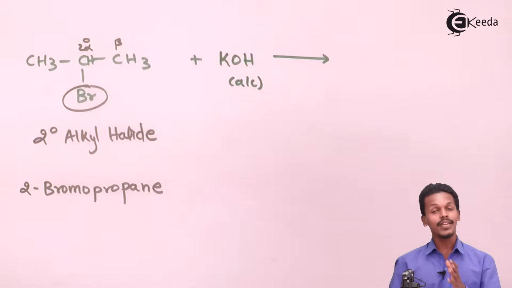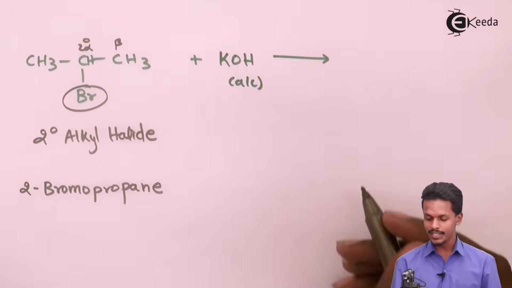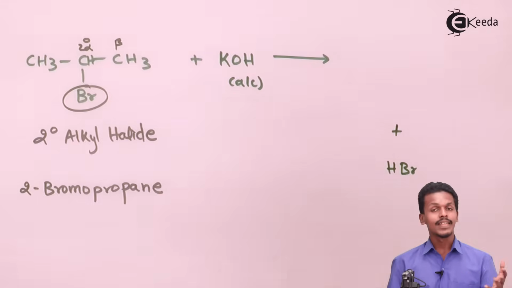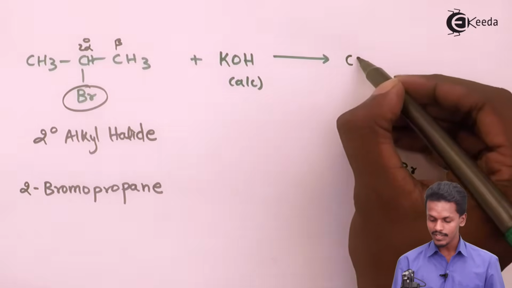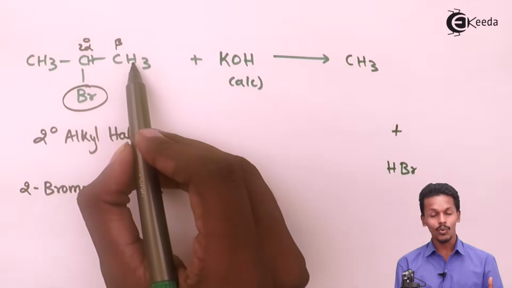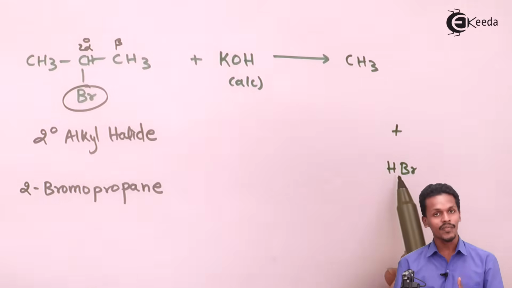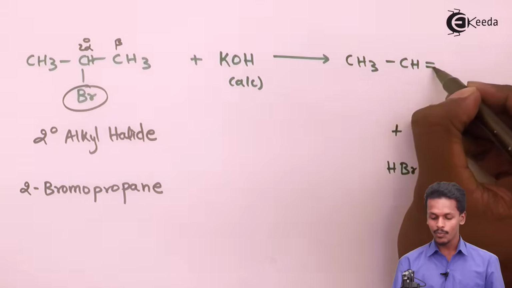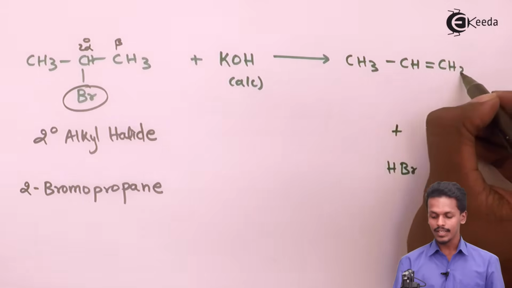So in this case, one hydrogen of the beta carbon atom would be eliminated to form HBr. And now what has been left with us is CH3. Here the CH will be retained as it is, while only one hydrogen has been removed in the form of HBr, as you could see over here. So CH double bond CH2 will be formed.